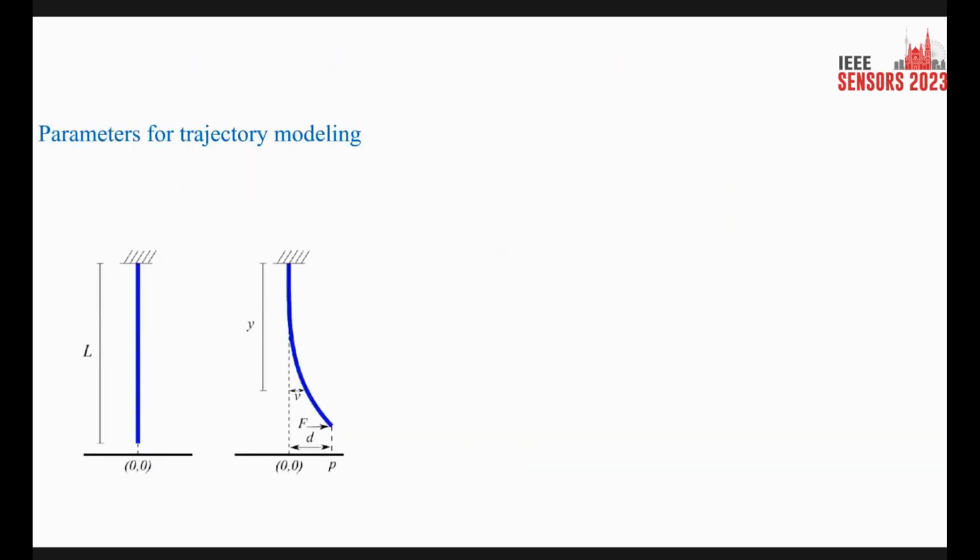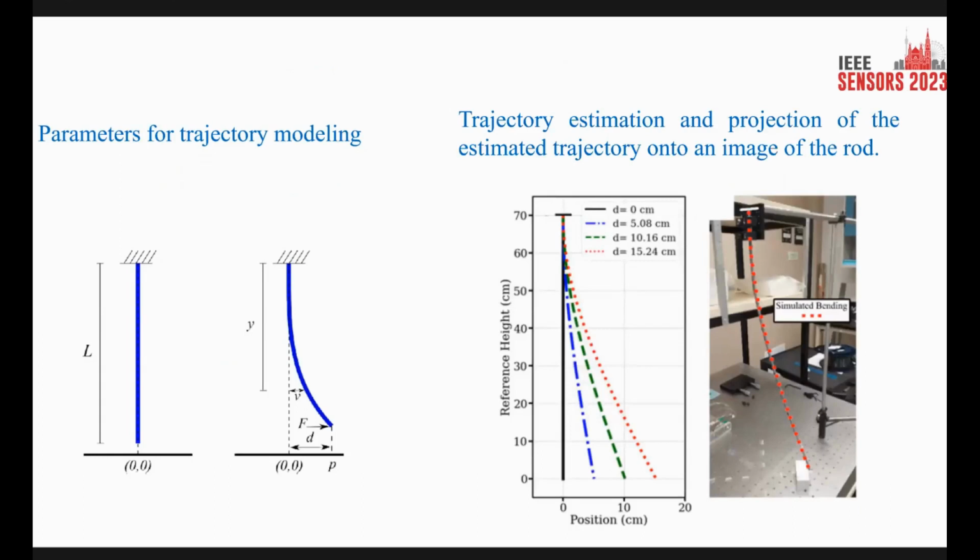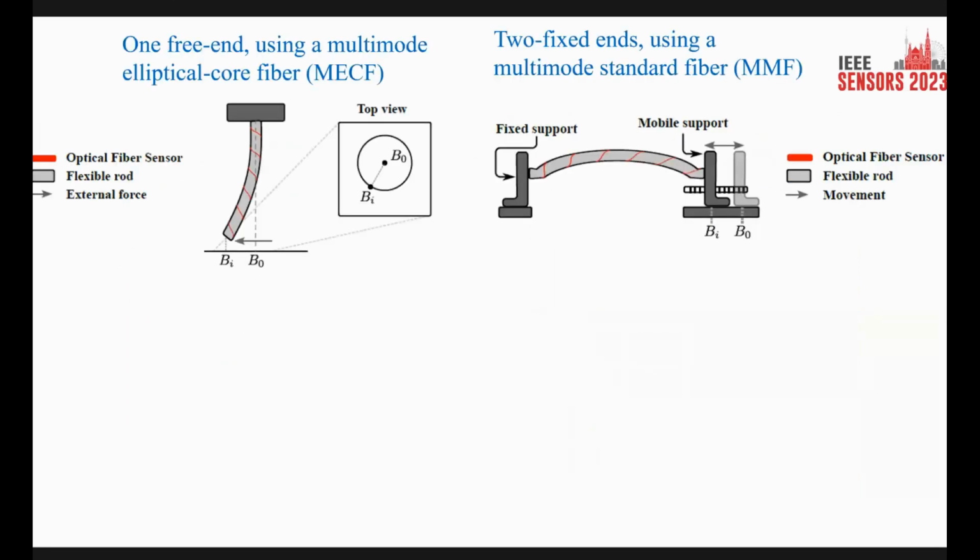Then we can also do a modeling of this trajectory and get the projection of the bending in the actual experiment. This is the flexible bar that we use, the flexible rod, and the fiber is around this piece of flexible rod. We have another experiment, and here we compare 2 fibers.